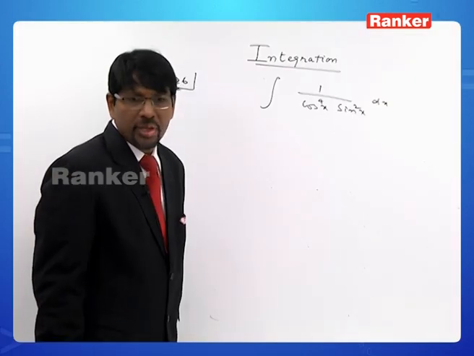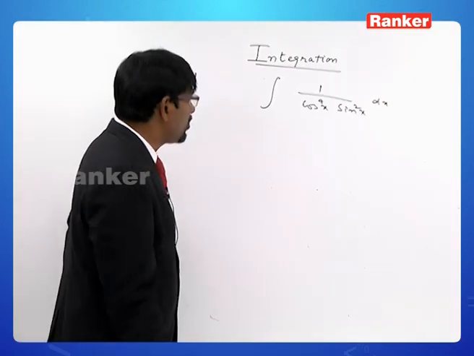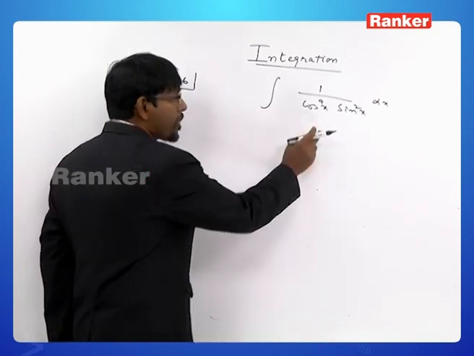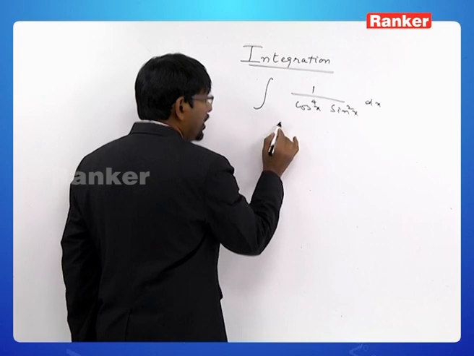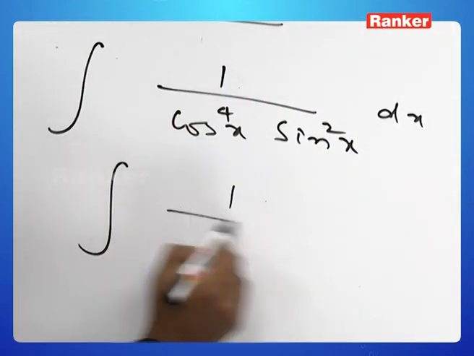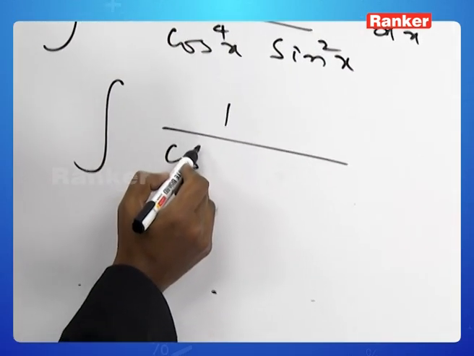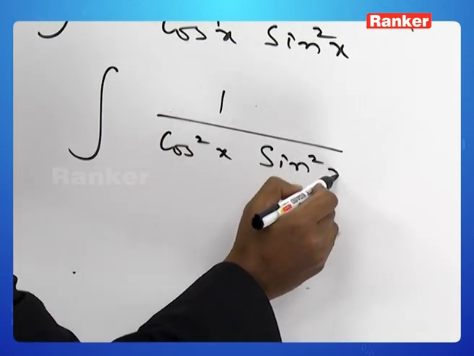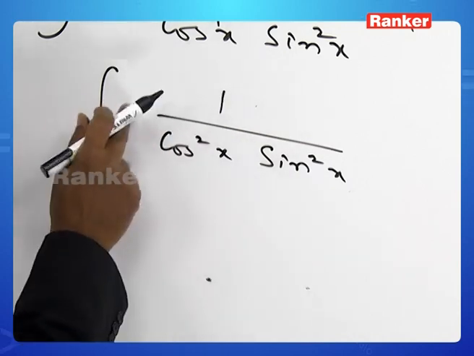So the terms appear to be in terms of tan x, so maybe the substitution tan x equal to t has to be made. So let's see whether that is apparent. Now what I do is, this cos power 4x, I will write as 1 by cos square x, 1 by cos square x.